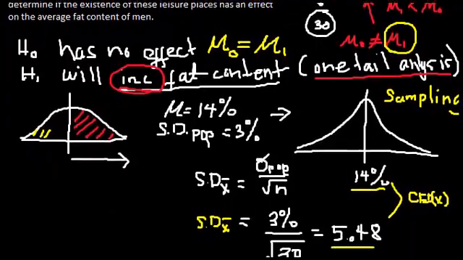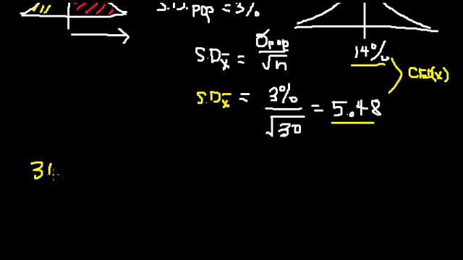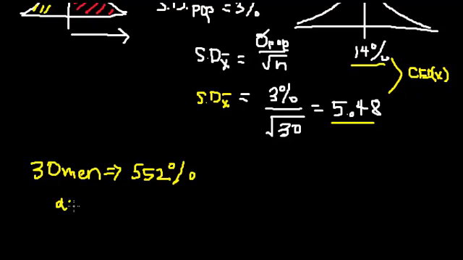So if there are 30 men, and in 30 men there's a total of 552% fat content, what's the average, or what's the x naught of that? That's equal to 552 over 30, since 552 is a total.